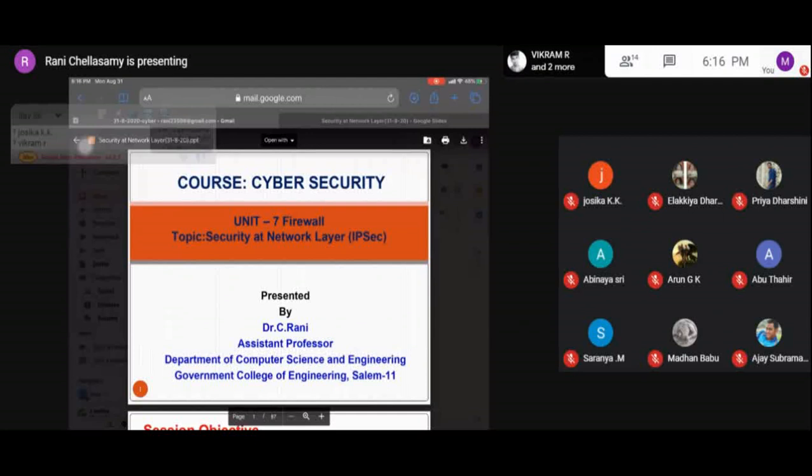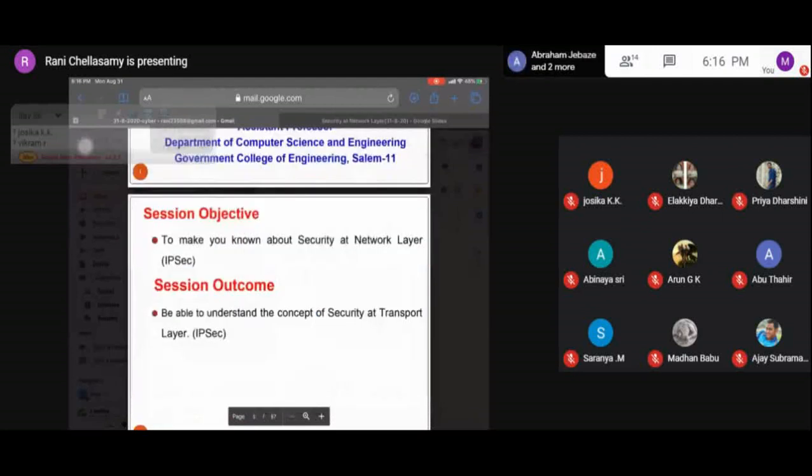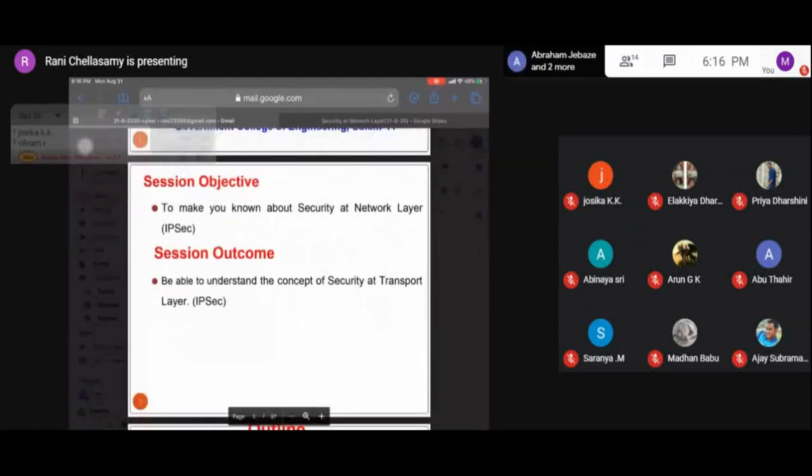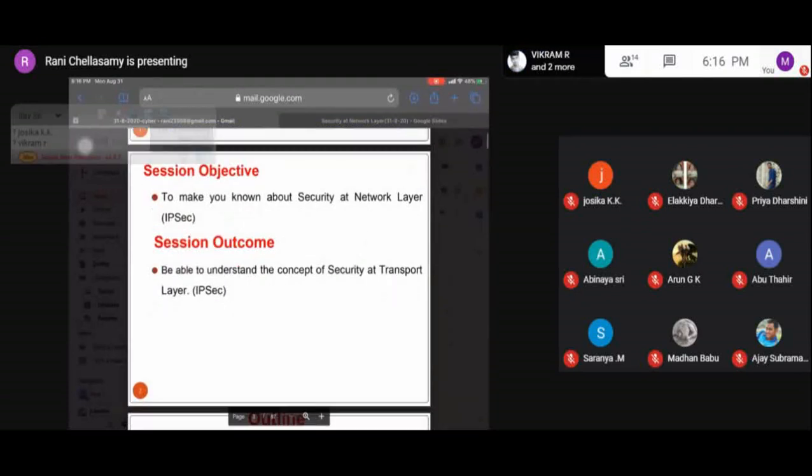The objective of the session is to make you know about security at the network layer, and we are going to deal with the IP security protocol, the Internet Protocol Security. The outcome of the session is that students may be able to understand the concept of how security is provided at the network layer.